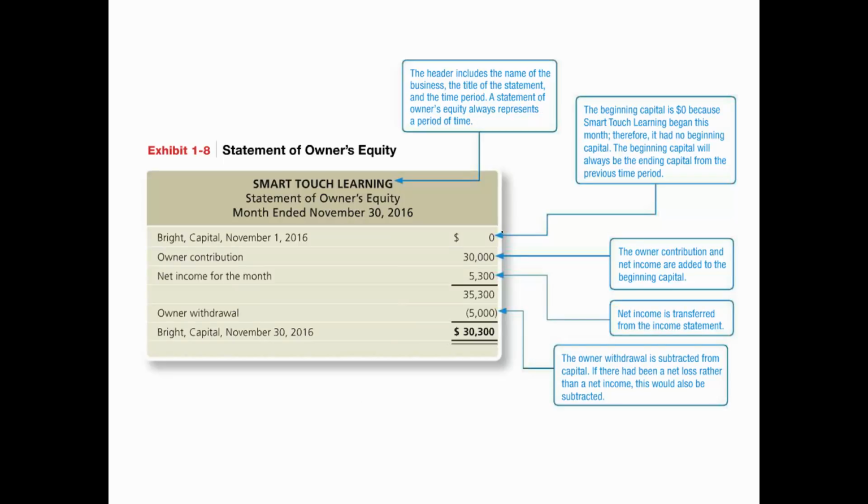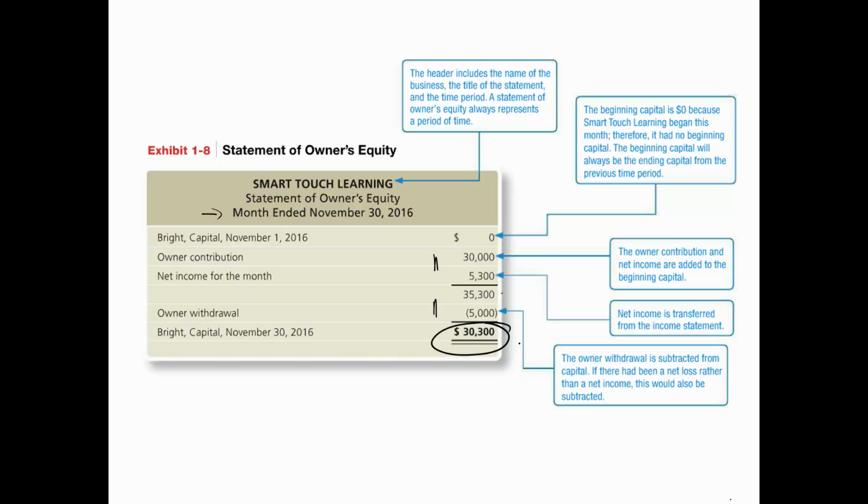It shows what the capital was at the beginning, plus what the owner added in, plus the net income, and then we get a subtotal, then minus what the owner took out will give us the ending capital balance. So we kind of do all the pluses first and then all the minuses. So if that was a loss, it would be down here with the negatives. But it really just shows us what we started with, what changed during this month, and what we ended with.